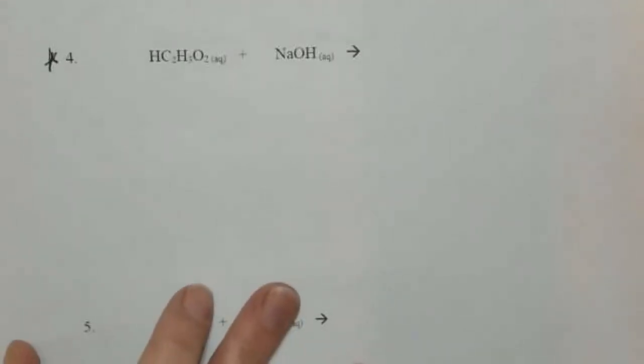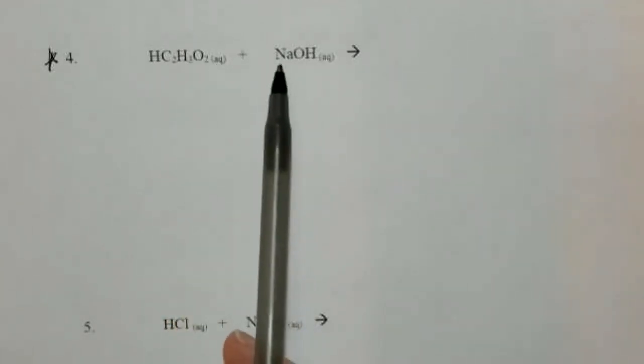But another type of double displacement reaction is when we form acid base makes water. We don't have to worry about solubility rules for this, but we do want to look at how acid and base come together to make water. The example I've got here is acetic acid, HC2H3O2 in solution, and sodium hydroxide in solution.